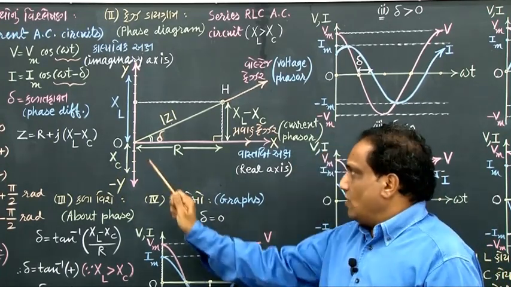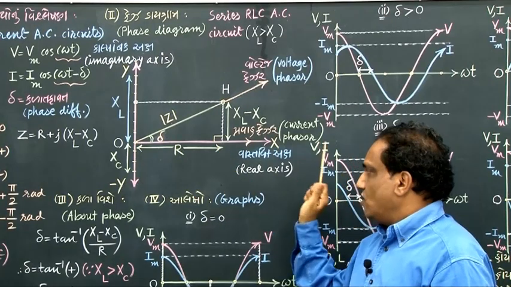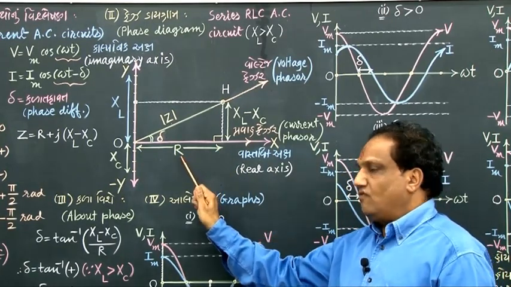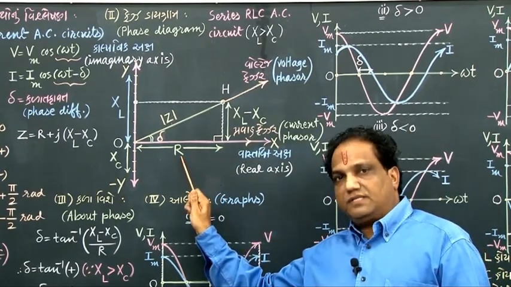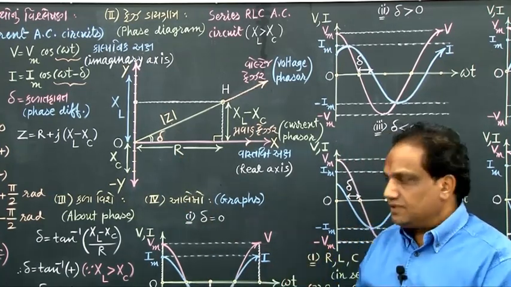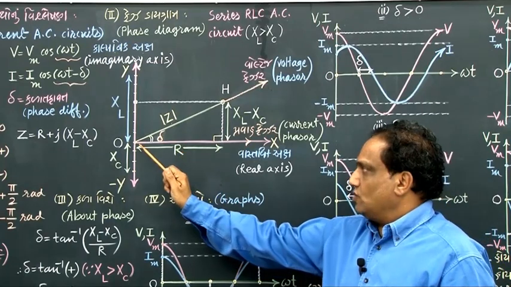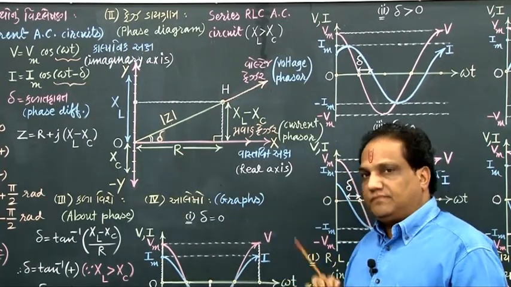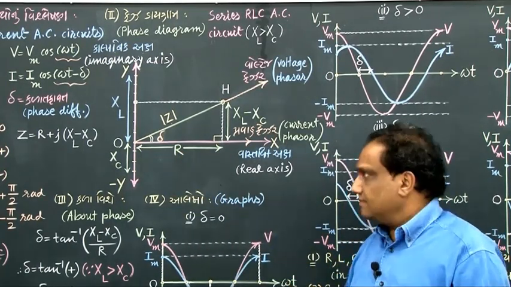On the positive x-axis, we always indicate the value of resistance, that is the real part of complex impedance. I repeat, R is to be shown on the positive x-axis, that is on the real axis.